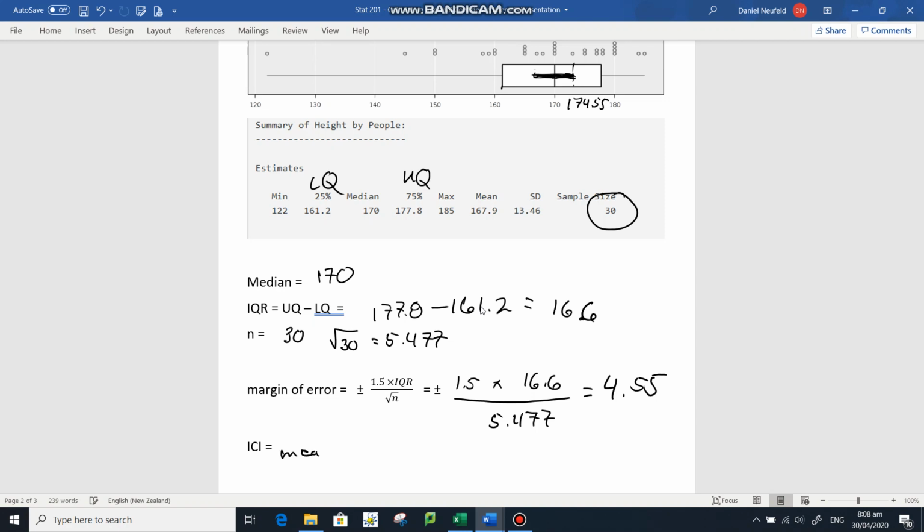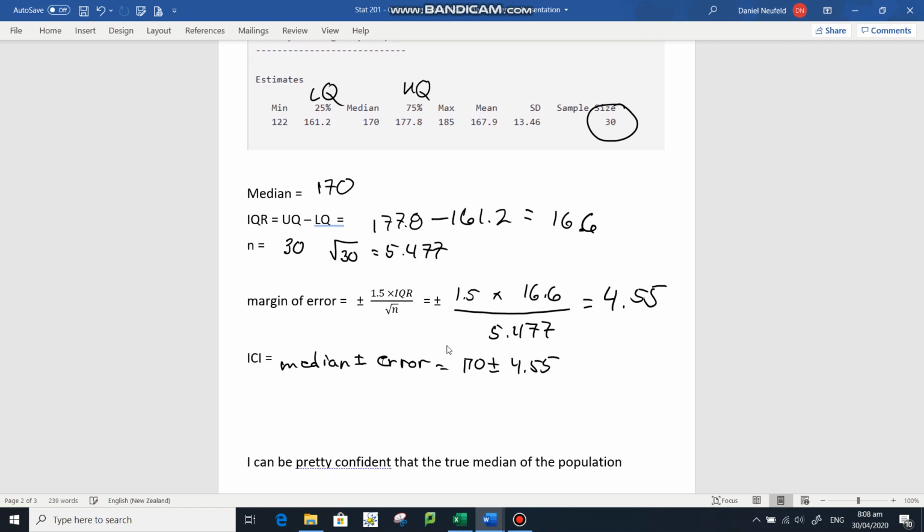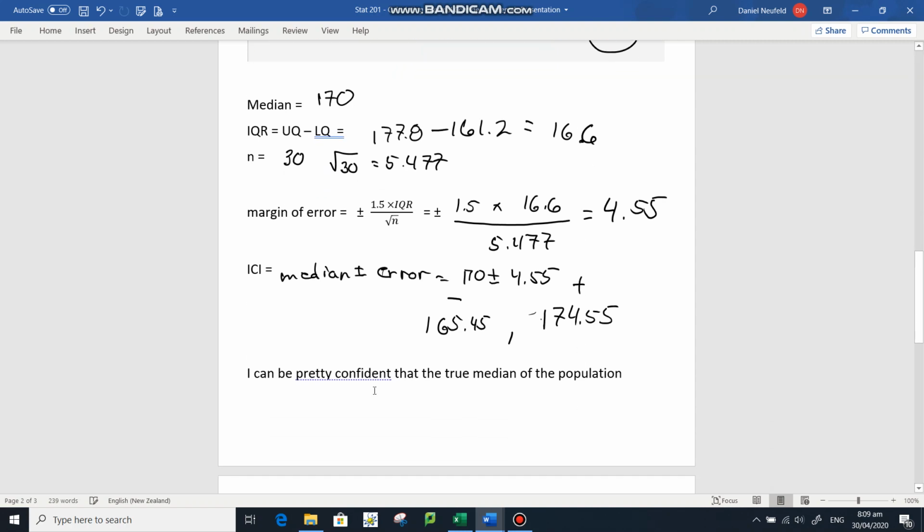The median plus or minus the error equals 170 plus or minus 4.55. On the plus end, 170 plus 4.55 is 174.55. If I go to the minus end, 170 minus this number, I get 165.45, right? That's my minus, that's my plus. So that's my confidence interval.